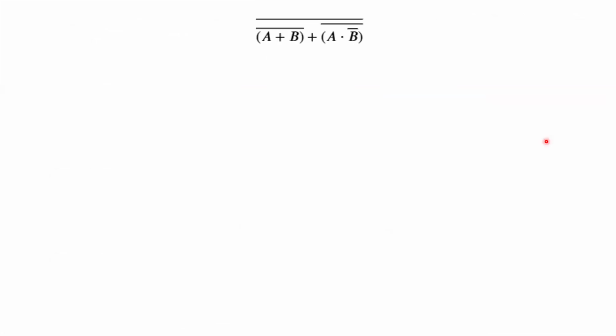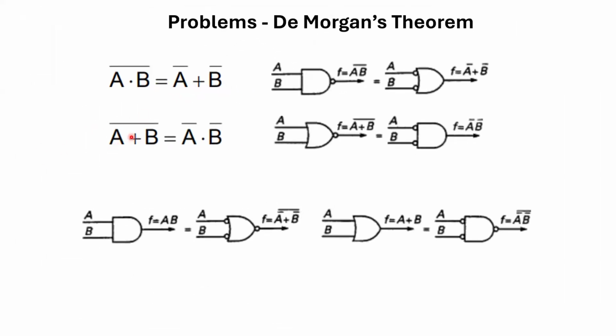Here we have a problem to solve. Let's simplify this to the simplest term. All right. What can we do first? Here's the OR, here's some expression, here's another expression. There's a negation bar right here.